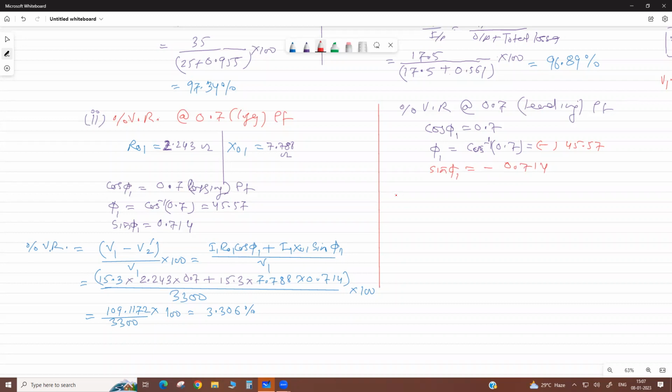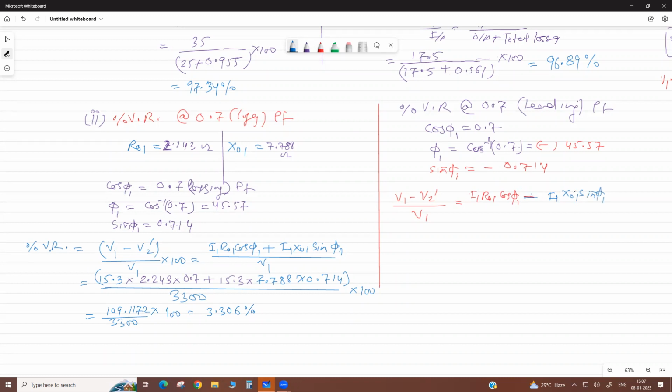Due to this negative, your formula for voltage regulation V1 minus V2 dash as referred to the primary side comes again as I1 R01 cos phi 1, and here it is negative, please remember, I1 X01 sin phi 1.